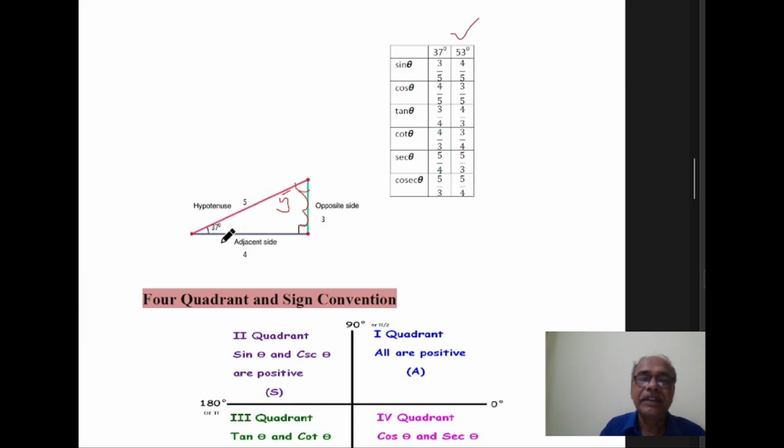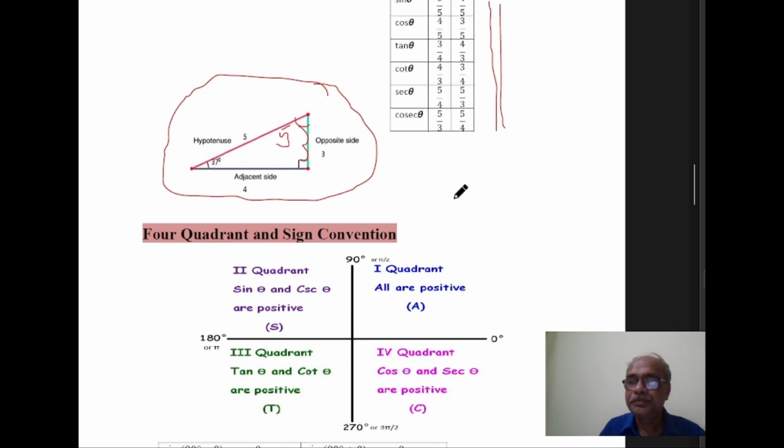Tan 37 degrees equals this by this, equal to 3 by 4, and tan 53 equals this by this, equal to 4 by 3. And similarly get the values of the others. You have to remember the values of sin 37, sin 53, cos 37, cos 53, tan 37 and tan 53 degrees by remembering this figure.